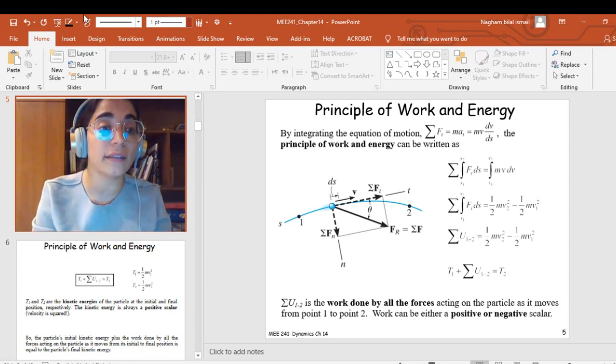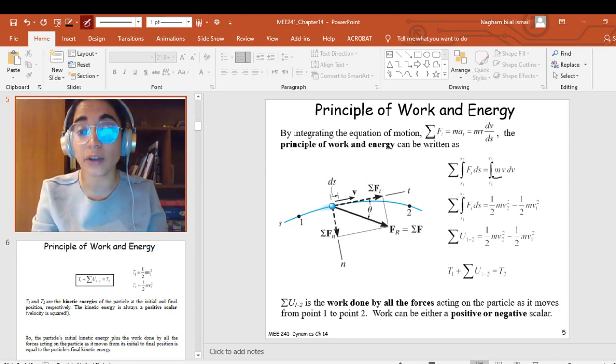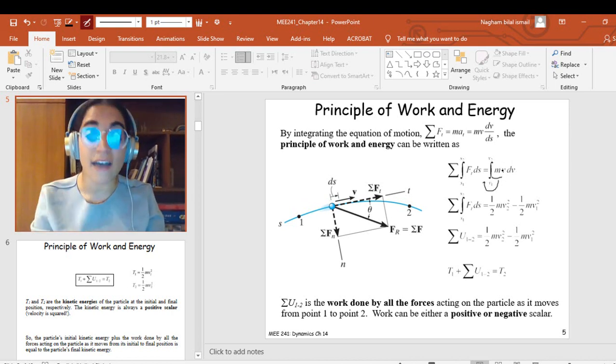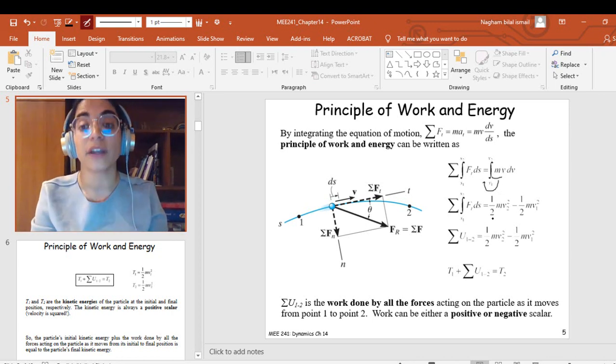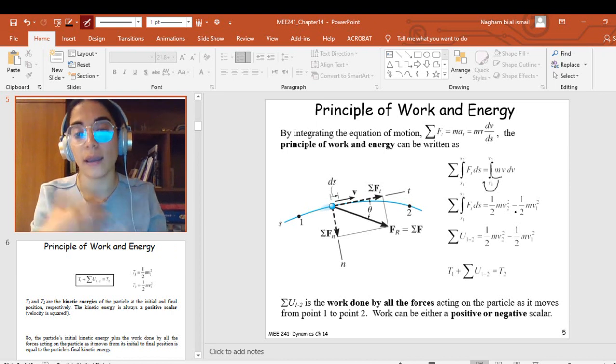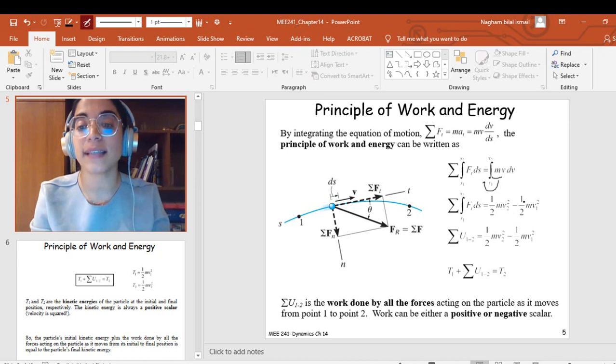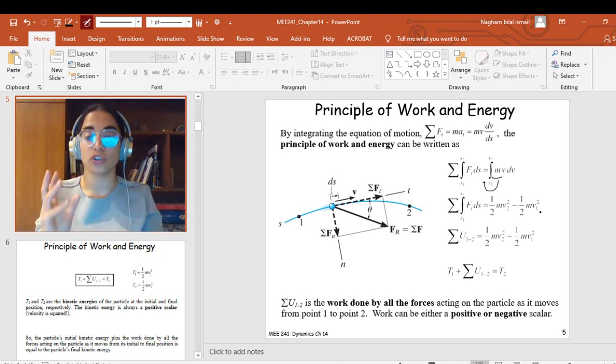And I know, guys, that the mass m is constant, so I can take out this m from the integration, and then I know that the integration of v dv is nothing but half v squared 2 minus v squared 1. So I'm going to have that the right side of the equal sign is equal to half mv squared on position 2 minus half mv squared at position 1.